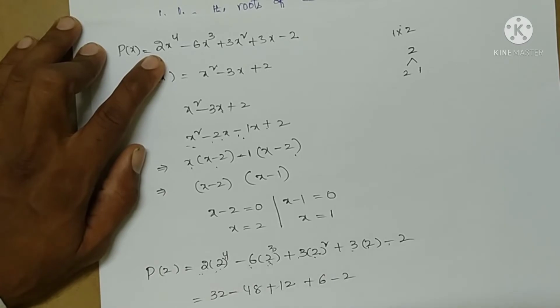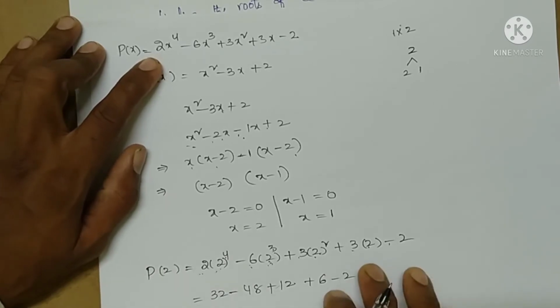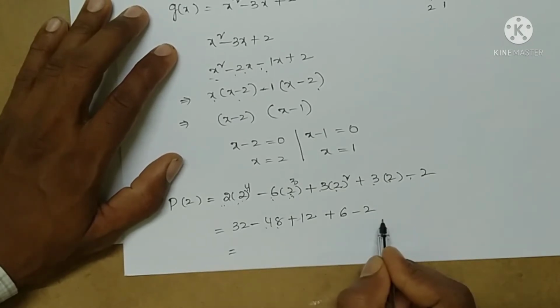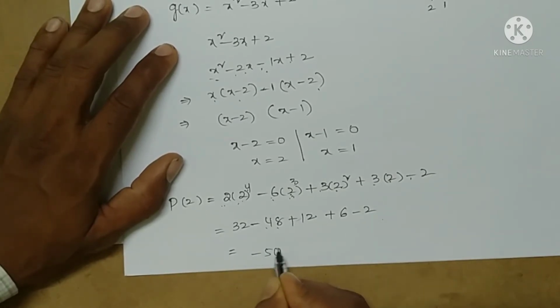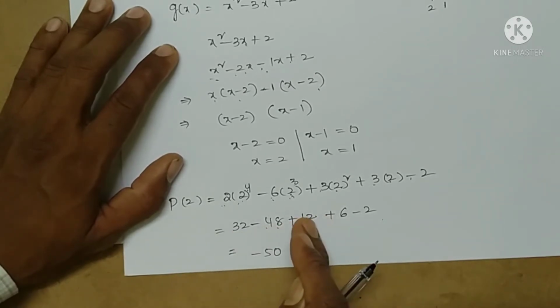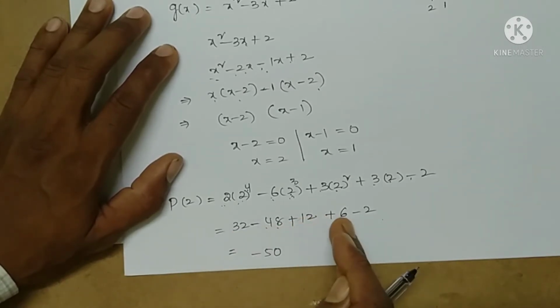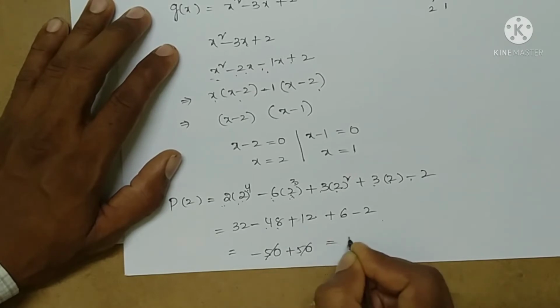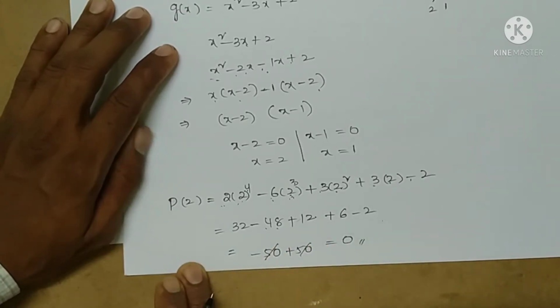So minus 48 minus 2 means minus 50, and 32 plus 12 is 44, plus 6 is plus 50. So plus 50 minus 50 cancel, and the result is 0.